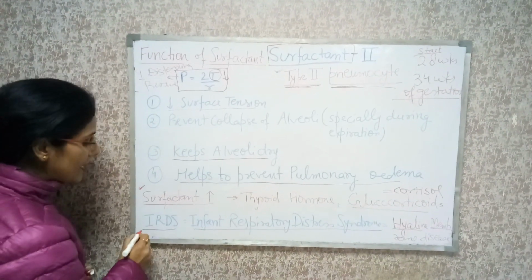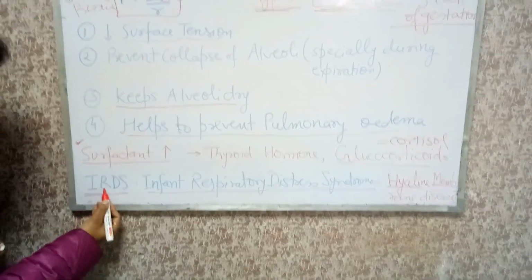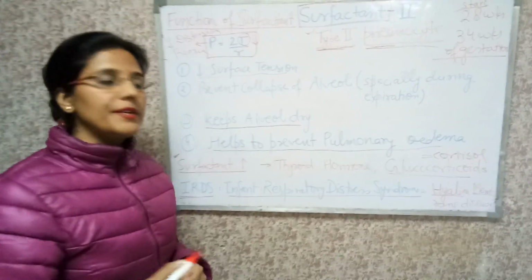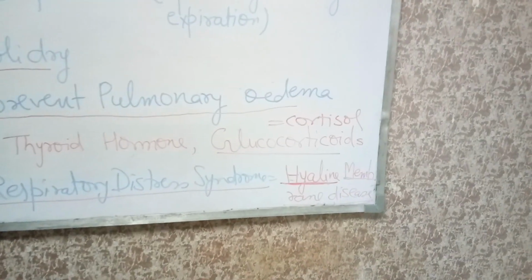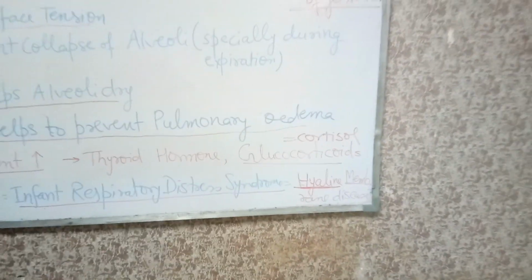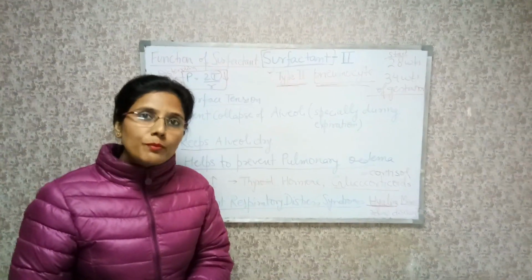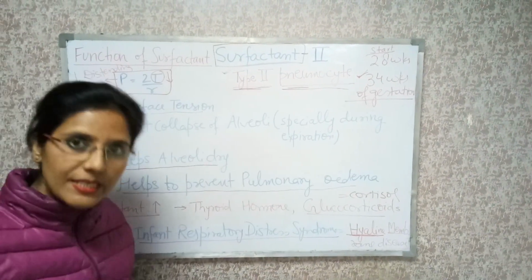The applied part of this is IRDS, which is infant respiratory distress syndrome. Another name for it is hyaline membrane disease. IRDS occurs in premature babies born before 34 weeks of gestation.